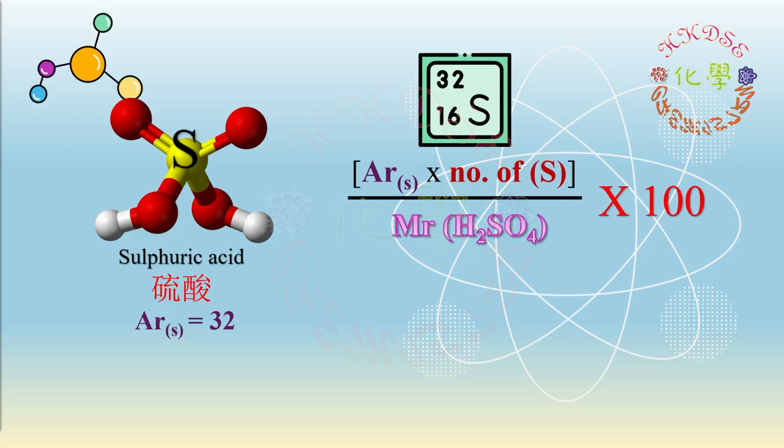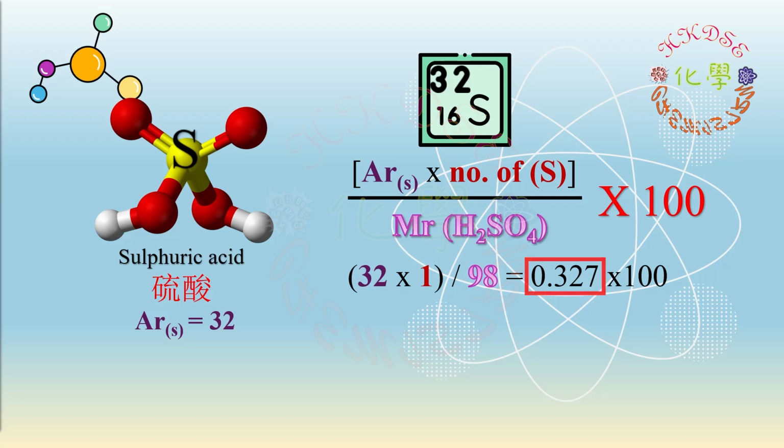So here we would do 32, which is the relative atomic mass of sulfur, times 1, because there's only 1 atom of sulfur in sulfuric acid, divided by 98 as that was the compound's relative formula mass. This gives us 0.327, which we then times by 100, giving us our answer of 32.7%.